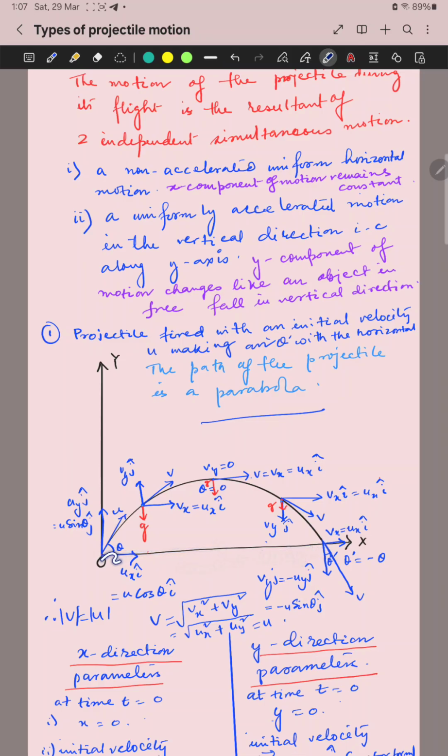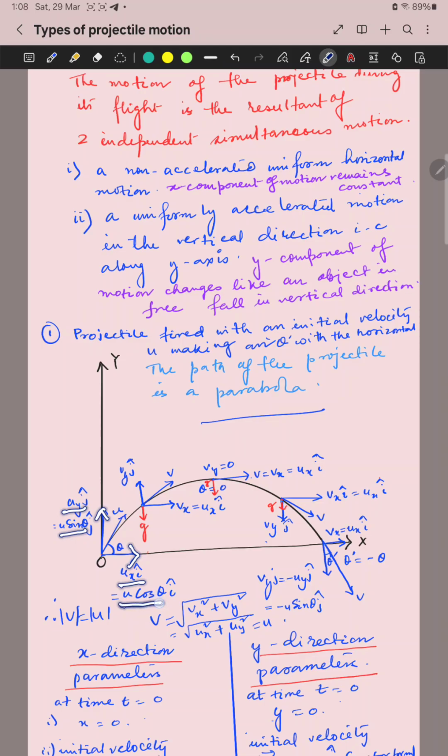If we assume that the body is projected with initial velocity u, making an angle theta with the ground, we resolve this velocity u into two components, one along the x direction, which is ux, and another along the y direction, which is uy. So uy will be u sin theta and ux will be u cos theta.